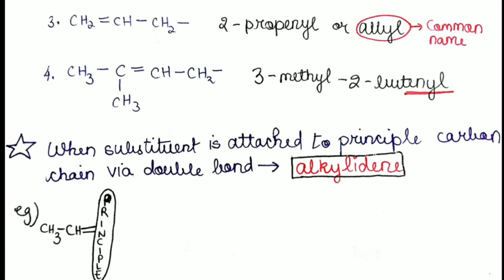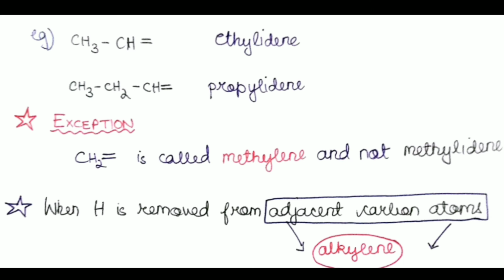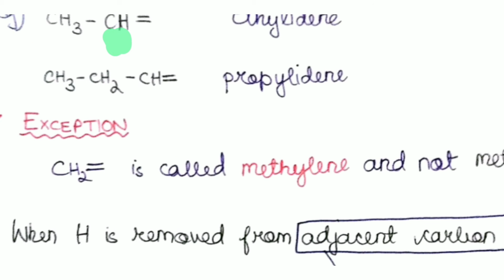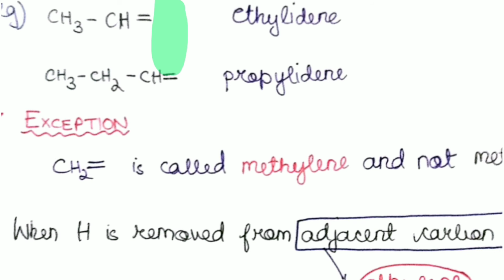For example, here we have ethylidene, because the free valent carbon is attached to the carbon of the principal carbon chain with a double bond, and it has 2 carbon atoms, so it is ethylidene. For 3 carbon atoms, it is propylidene.